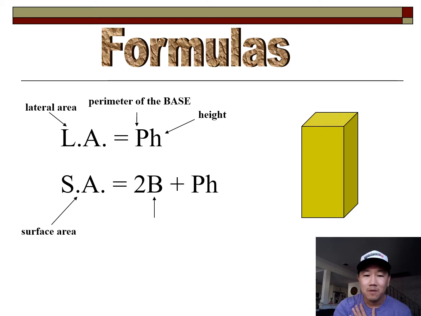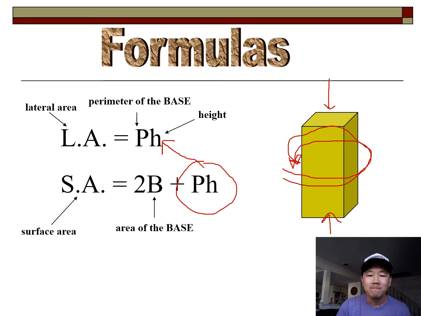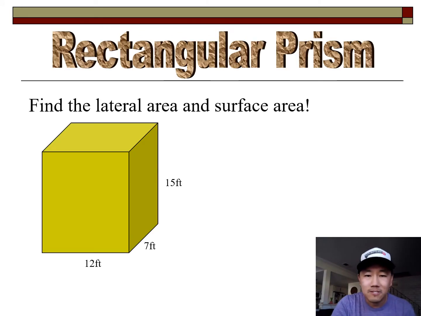The B stands for the area of the base, and then the PH is exactly from the lateral area. So again, the lateral area is just the area around, and then the surface area is the area around and the two bases, the one on top and the one on bottom, added together.